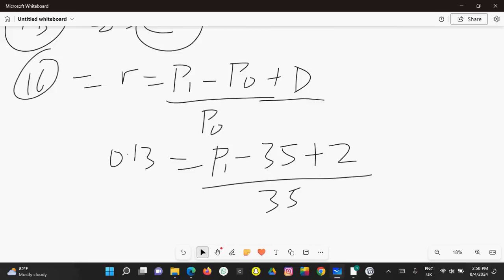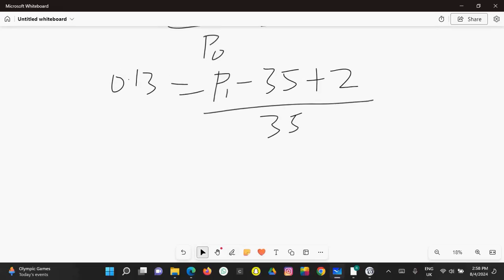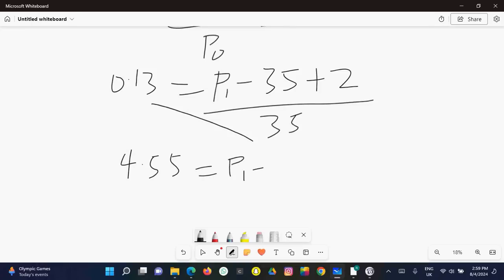So now, this is going to be this multiplying this, and then we make this standalone. So 35 multiplying 0.13, we are going to get 4.55 is equal to P1 minus 35 plus 2. So, okay, let me simplify this.